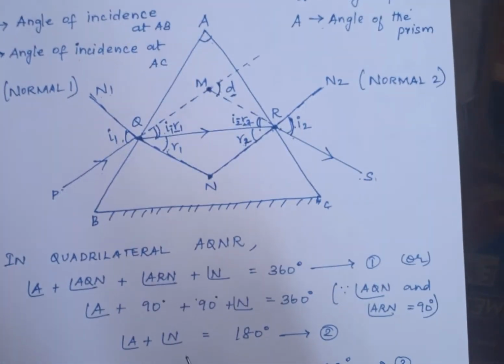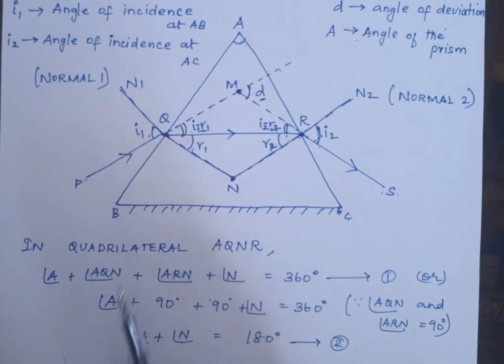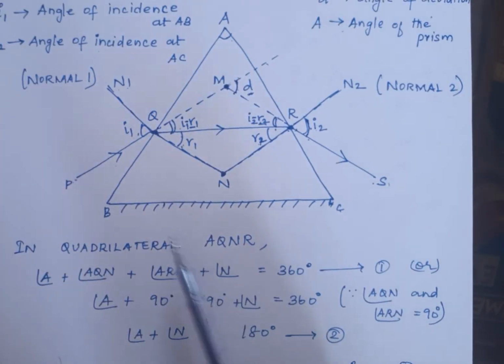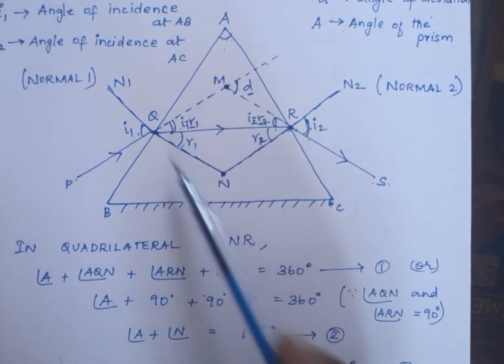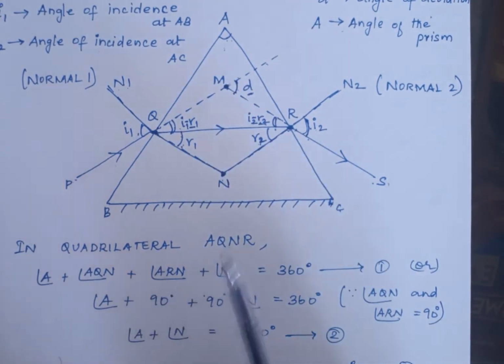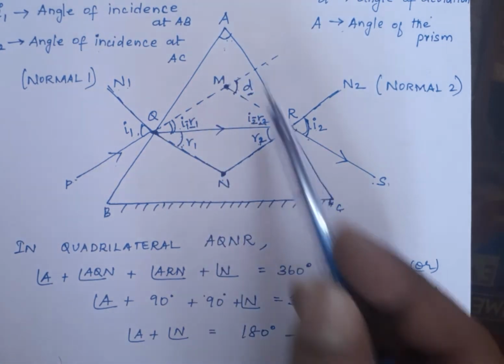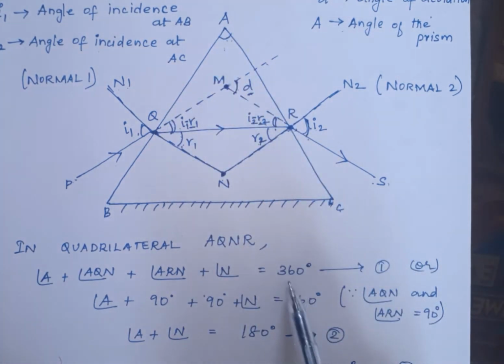Now consider the quadrilateral AQNR. In AQNR, all four angles add up to 360 degrees.